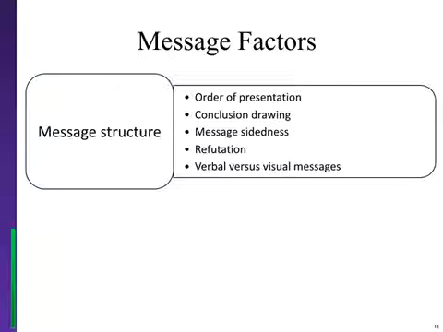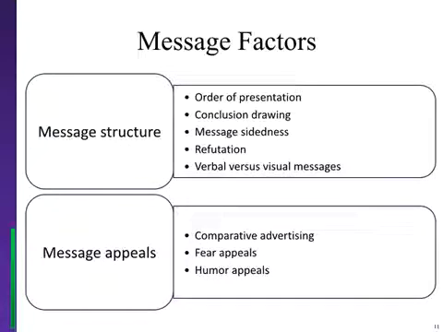Now, the message factors that are discussed in our book, there are quite a few of them. It has to do with both the structure of the message and the type of message appeal that's used. In terms of structure, there are a couple things discussed: whether you put the important parts early in the message or late in the message makes a difference.